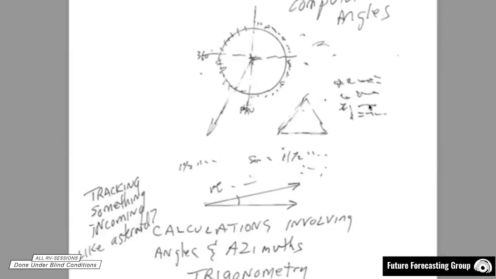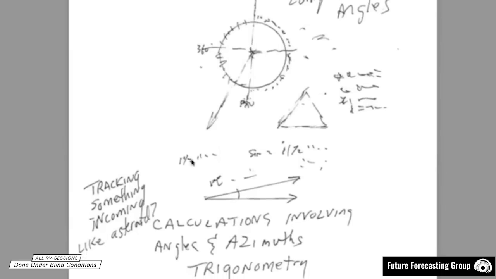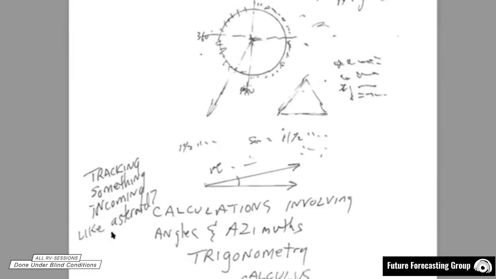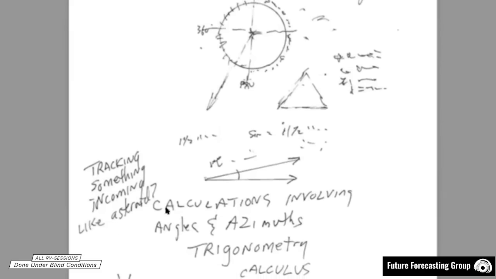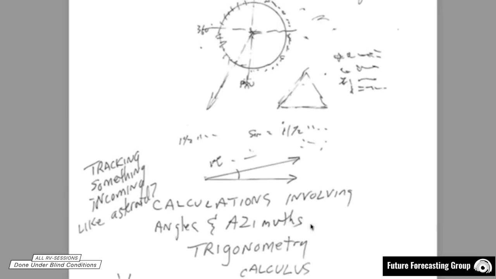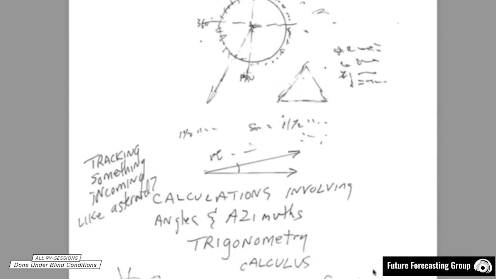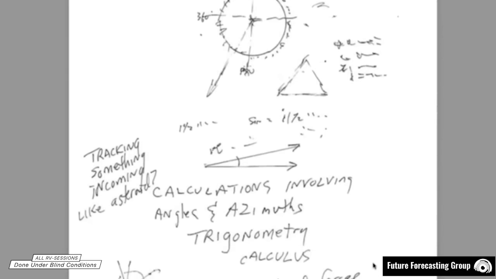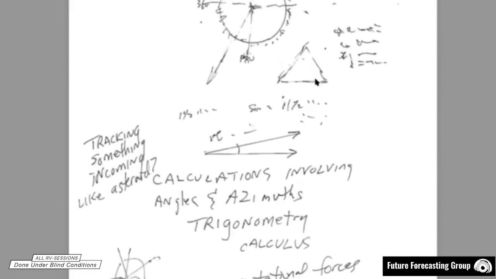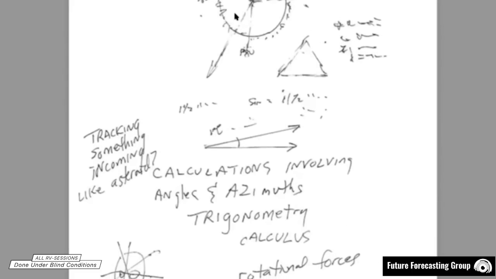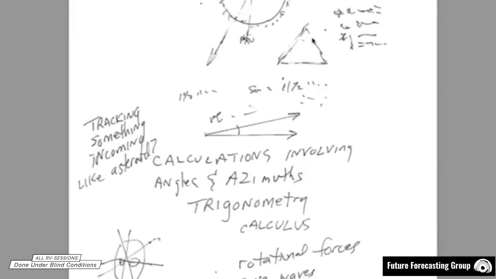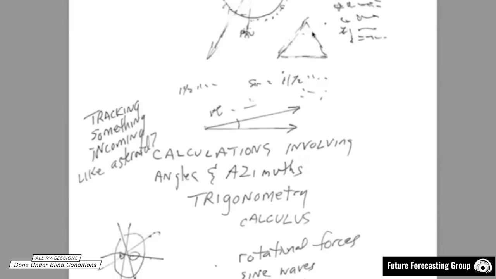And it's in a language I can't see or read, but they're tracking something like an asteroid incoming, calculations involving angles and azimuths, trigonometry, calculus, rotational forces, sine waves, blast radius. But anyway, they're doing something with angles, and that's what they're making.